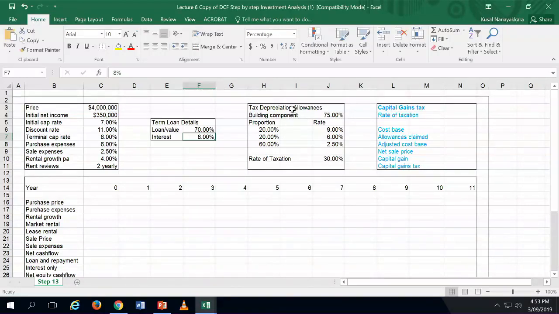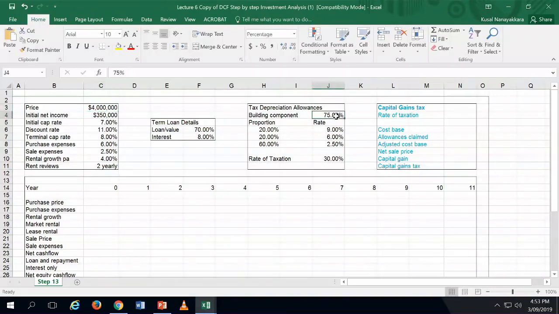Listen. 75% of the total asset is building component. The total value of the asset is 4 million, and 75% of that 4 million is the building.